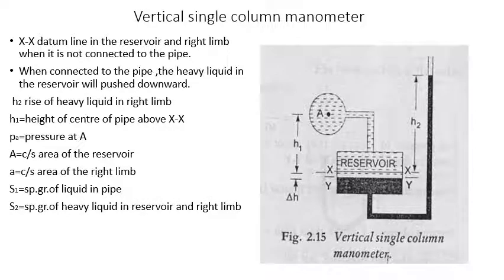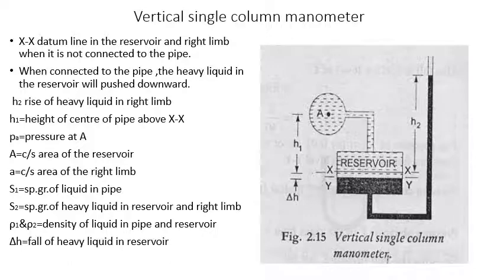S2 is the specific gravity of the heavy liquid in the reservoir and right limb. Rho 1 and rho 2 are the densities of the liquid in the pipe and in the reservoir. So these are the terms connected to this vertical single column manometer. Delta h shows the fall of heavy liquid in the reservoir.